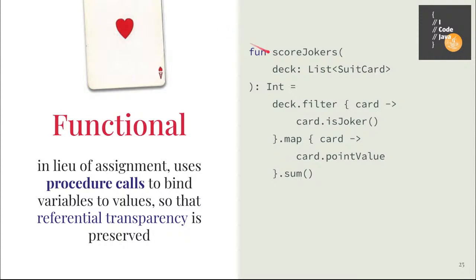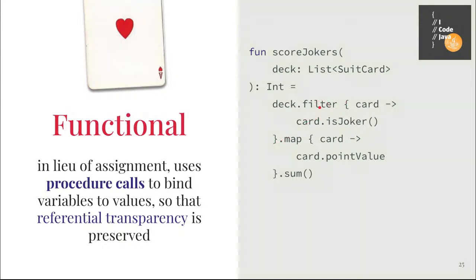And this is a little sample of what functional programming would look like in Kotlin. I've got a function here, and remember I said declarative had an underlying framework that you were using? In this case, this is functional, and the underlying framework that I'm using is the standard libraries in Kotlin. So I've got this deck of cards, which is a list of these objects. I'm filtering. I'm passing in a function. Remember I said that if the function is the last parameter, you can pull it out in curly braces like that.